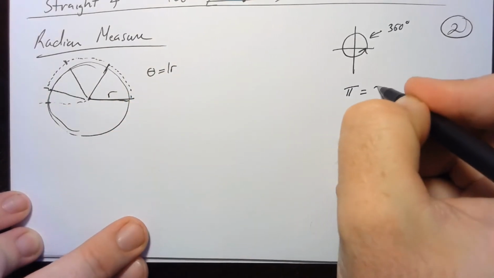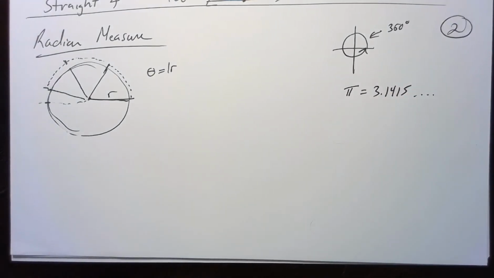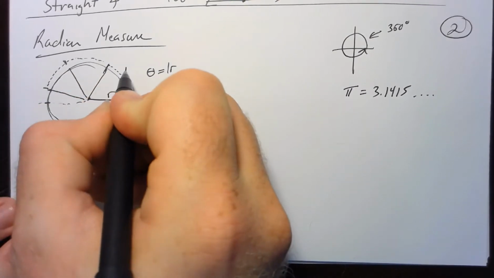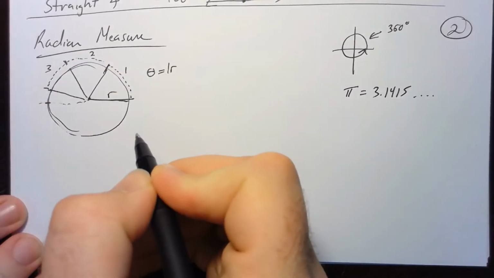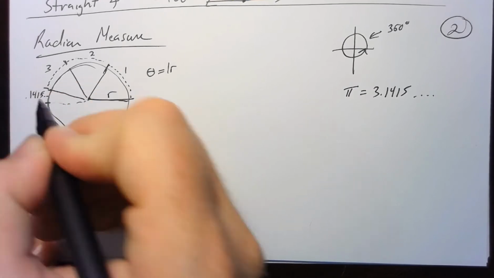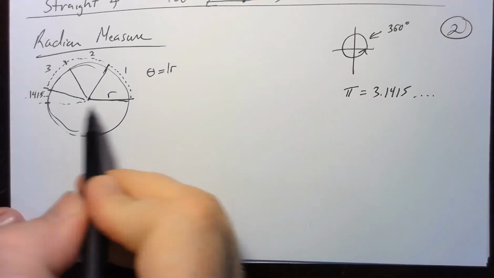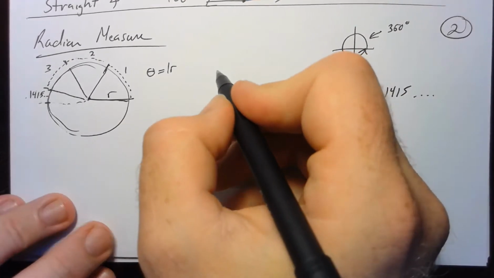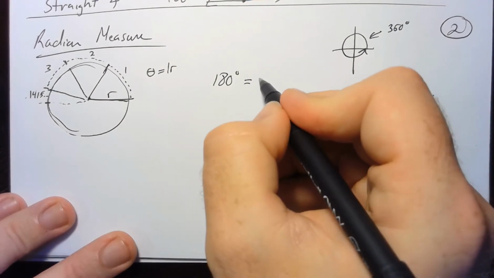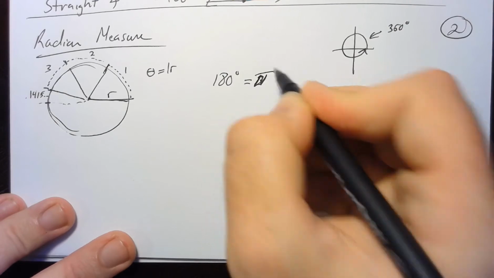Well, pi is 3.1415 and continues on forever, never stops, never repeats. That's what this amount is. There's 1, 2, 3 radians and 0.1415, and so on and so forth, of a radian to finish the half circle. So that means that 180 degrees is equivalent to 1 pi radians.